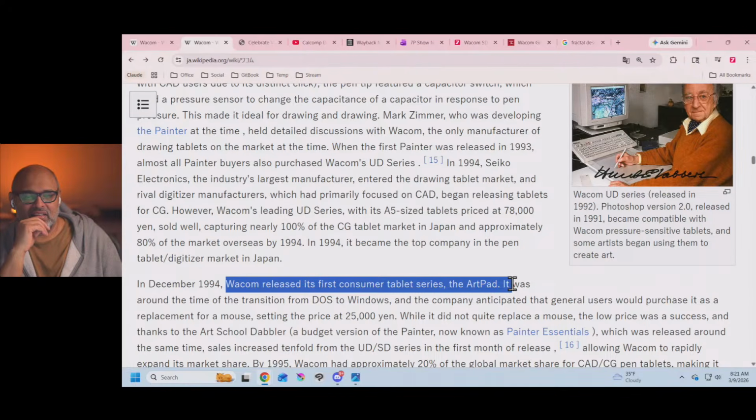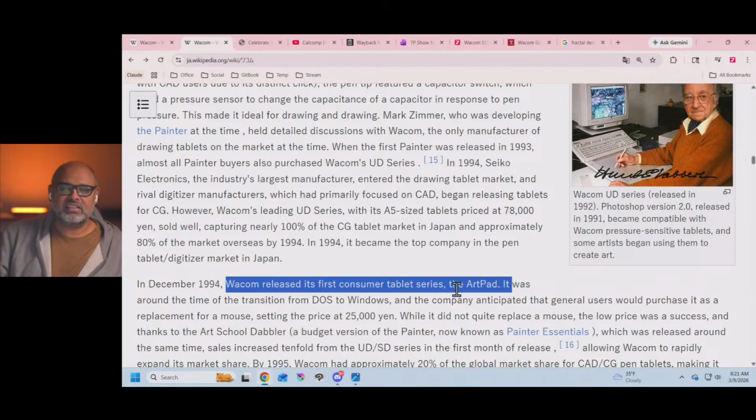Back then we had magazines, printed things, and I somehow learned of this thing called Painter. And then I saw there's a tablet, and it was the ArtPad.